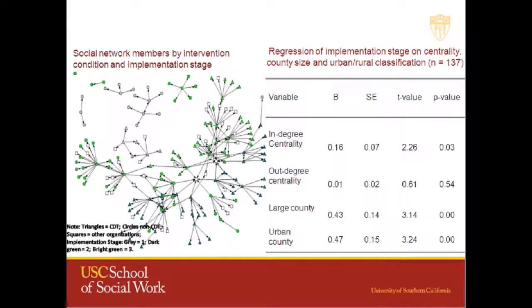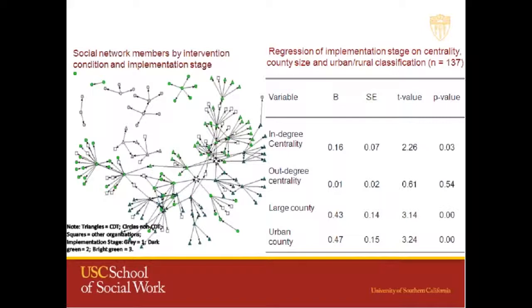Now, when we conducted analyses of the specific measures of social network structure, among those that we found to be statistically significant was the level of in-degree centrality within a network, the size of the county, and whether or not it was an urban county.